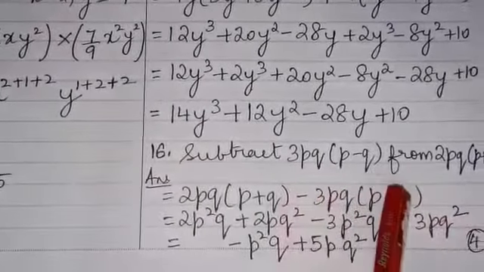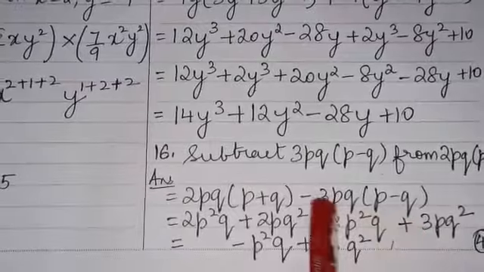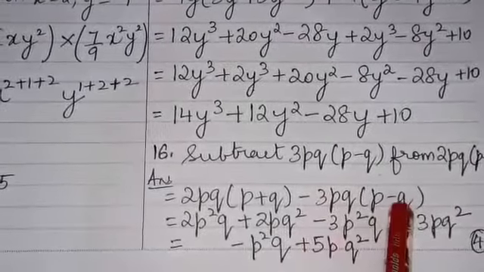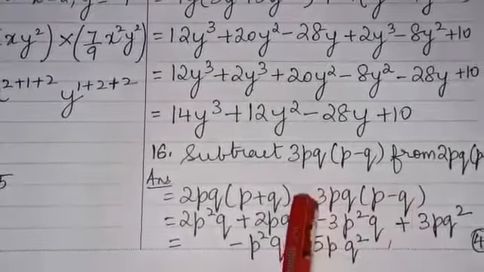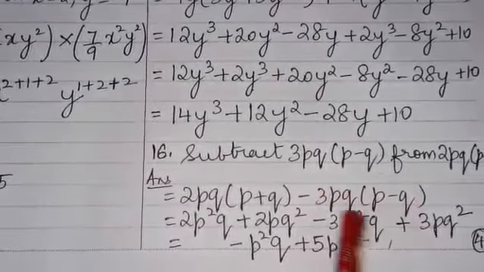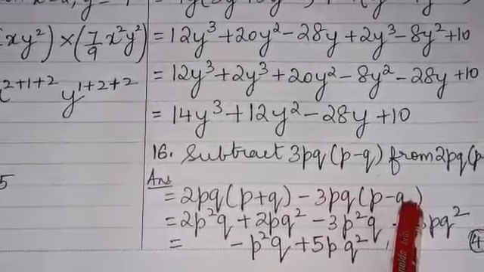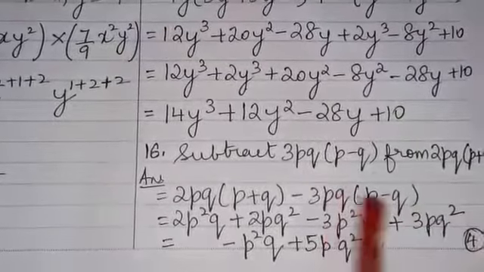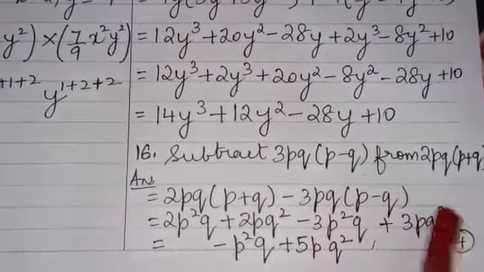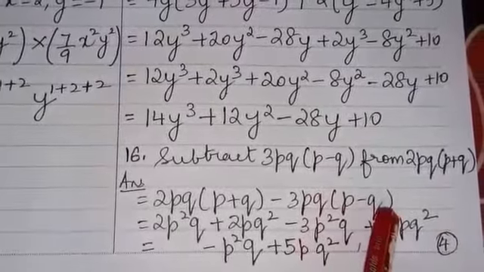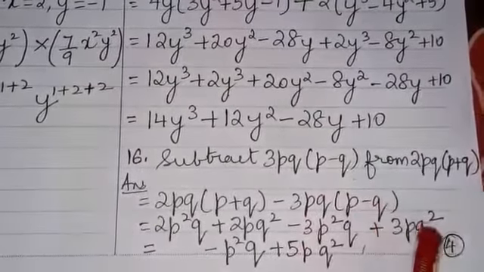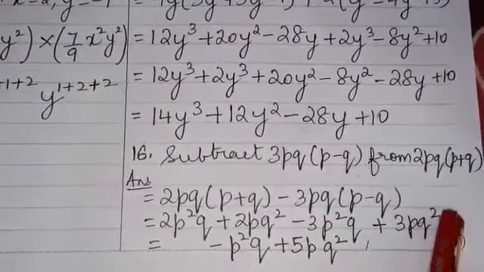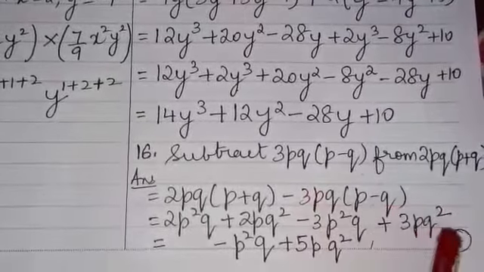So minus into minus, plus. Plus 3pq into q is 3pq square, because q into q is q to the power 1 plus 1, which is q to the power 2, or q square. So we have plus 3pq square.